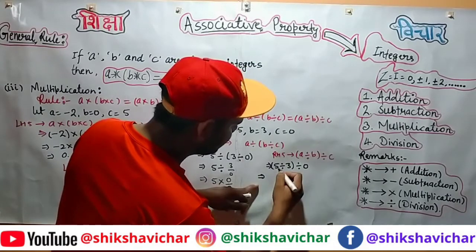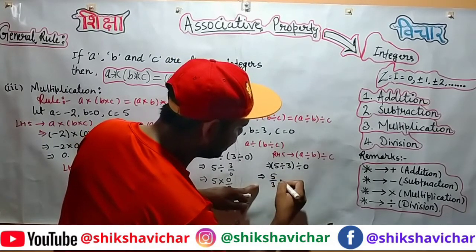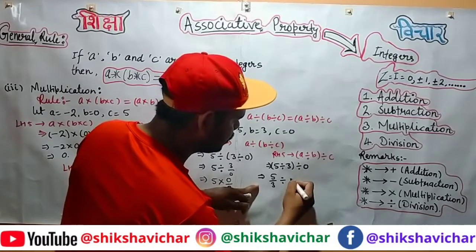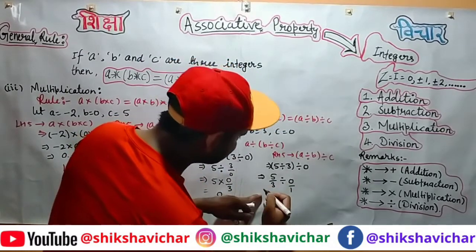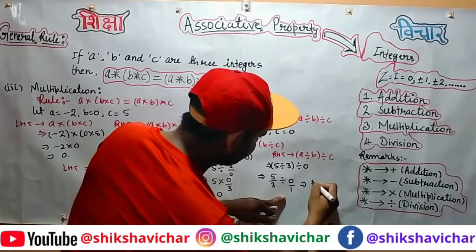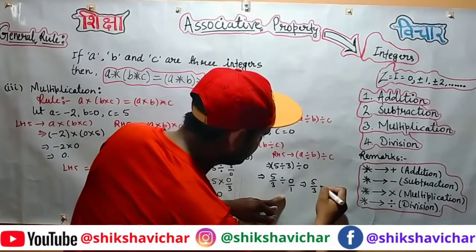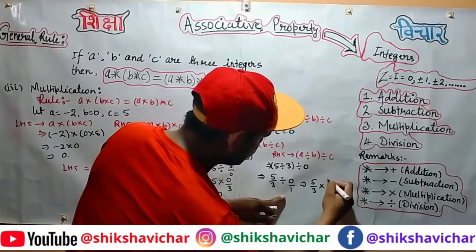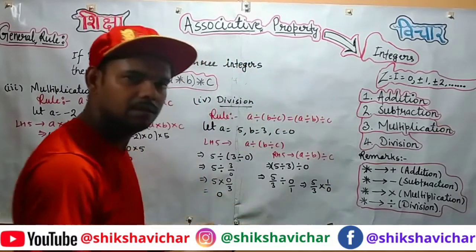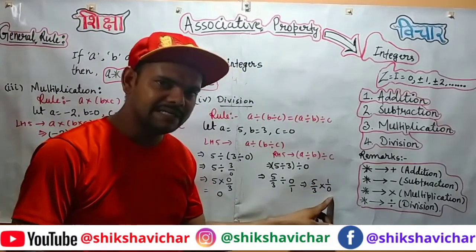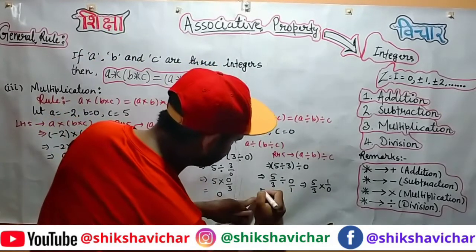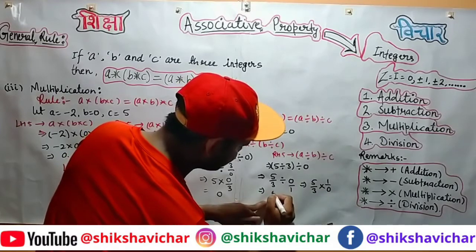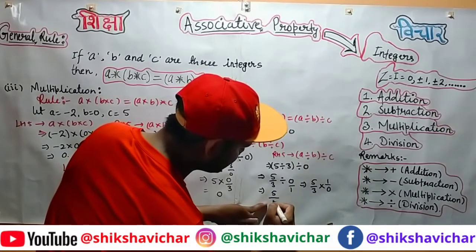Further we solve it: 5 upon 3 divided by 0. Now we can write 0 as 0 upon 1, and this implies 5 upon 3 multiplied by 1 upon 0. Why? This 1 upon 0 is the reciprocal of 0 upon 1. Again we observe that 5 into 1 is 5, and 3 into 0 is 0.